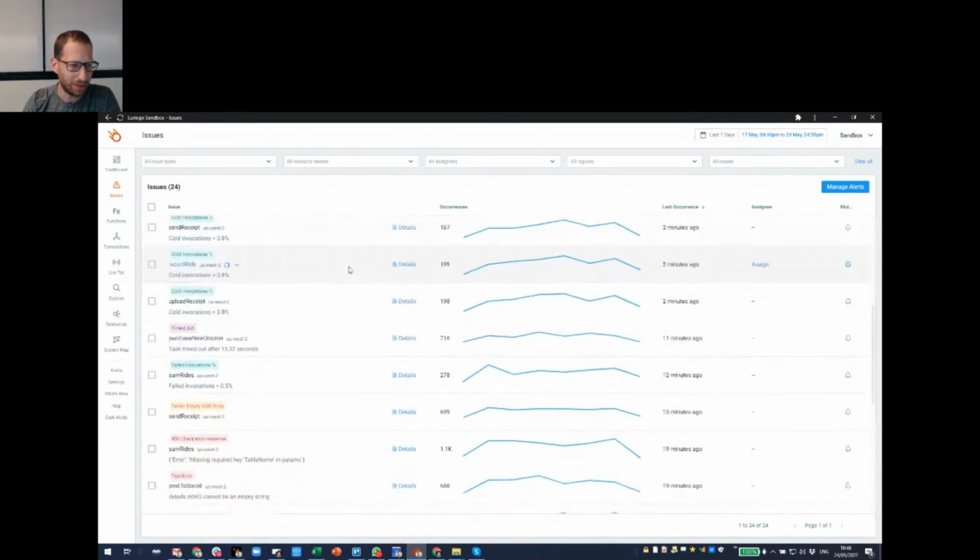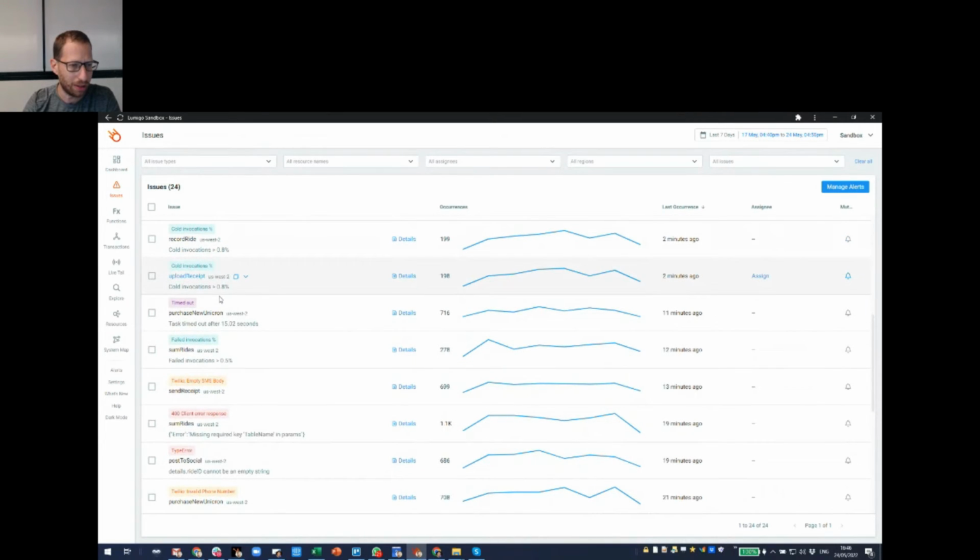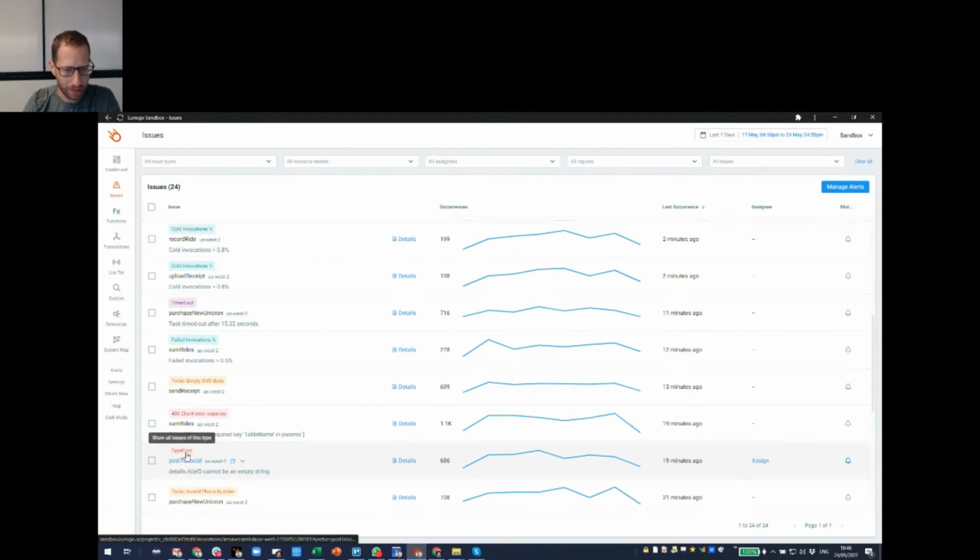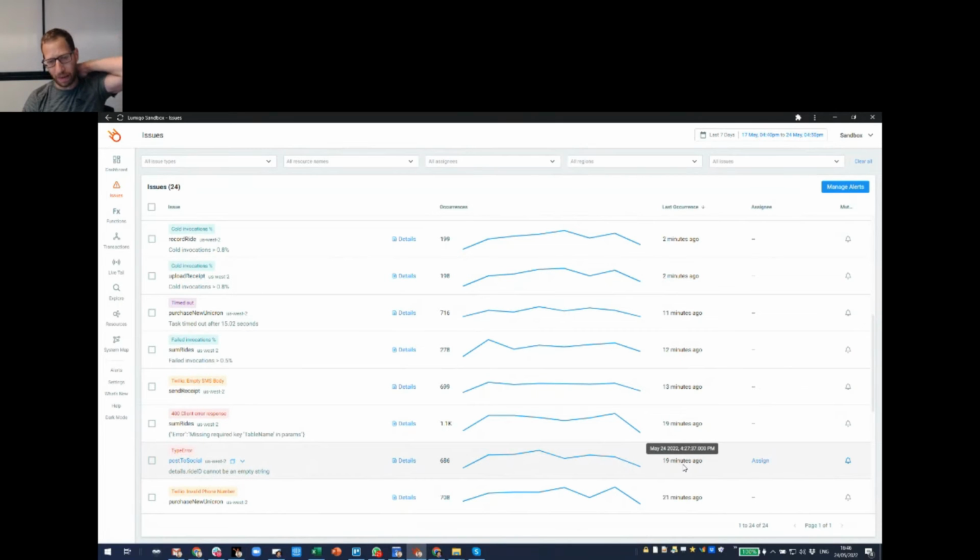Let's look at the issues page for a second and choose one specific failure that happened in the last 19 minutes ago. By the way, this is a rideshare application that is actually running on AWS. It's our demo. So we connected this on top, so it's very easy to connect.